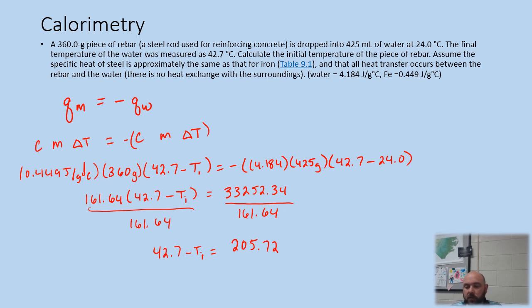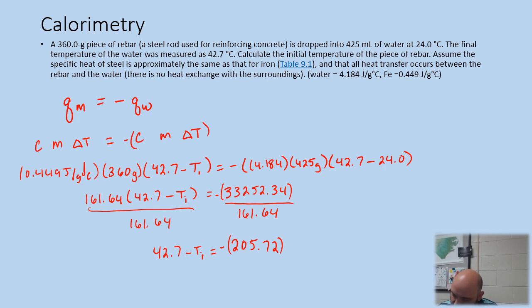So 42.7 minus the initial temperature is equal to, and I'm forgetting those negatives. That is all negative. And so therefore, this would be negative. 42.7 minus Ti is equal to negative 205.72.